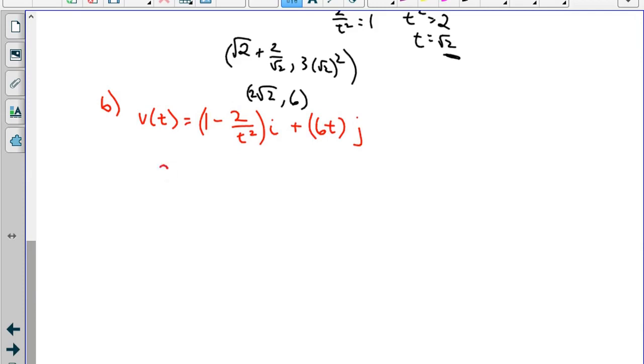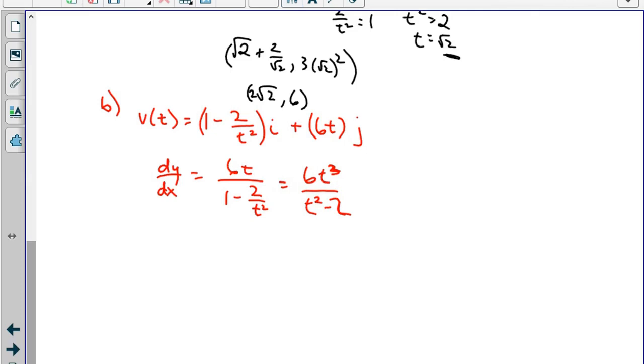So if I'm looking at dy/dx, I have 6t over 1 minus 2 over t squared. If I want, I can multiply the numerator and denominator by t squared. So I get 6t cubed over t squared minus 2. If I want to write it in a little bit simpler form, it's not necessary, but you could.